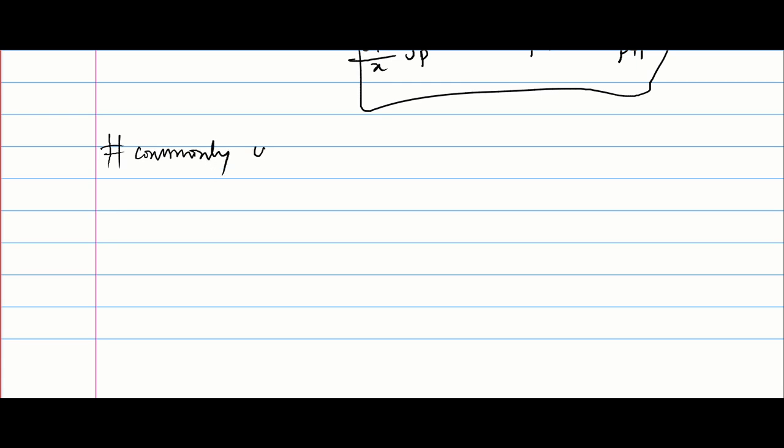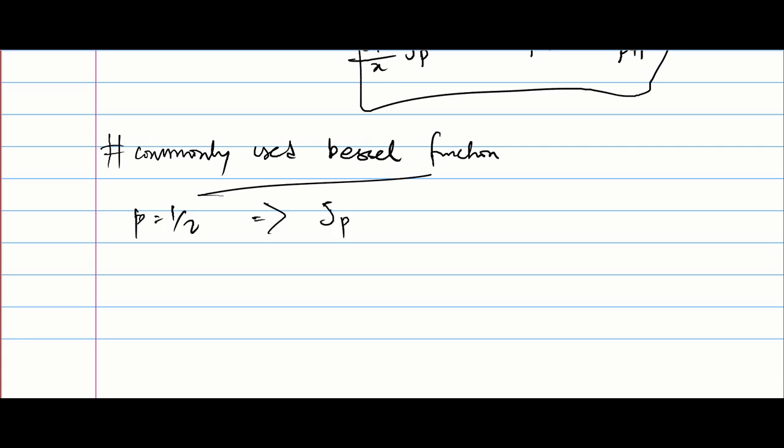Now some commonly used Bessel functions. For p equals half, J_{1/2}(x) is the sum from m equals 0 to infinity of (-1)^m over m factorial gamma of (m + 3/2), right?